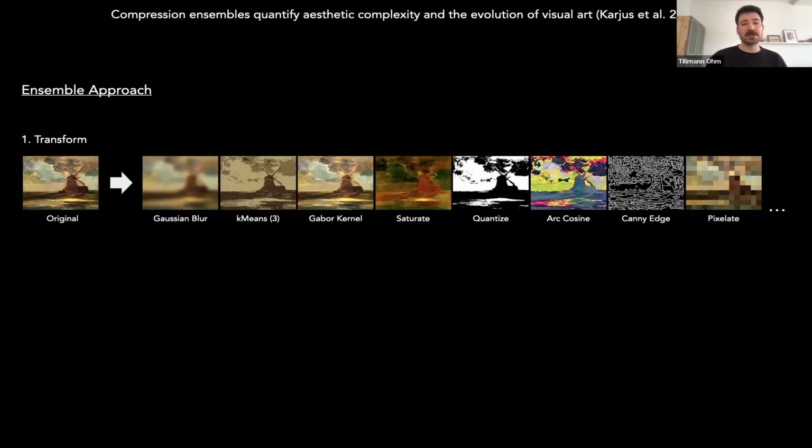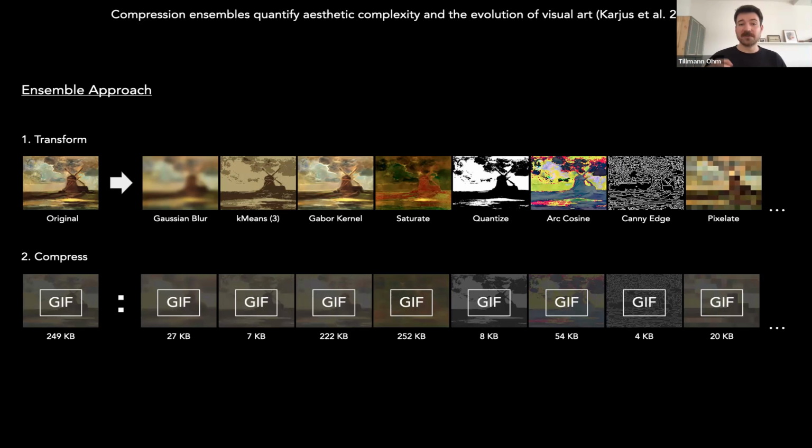So this ensemble approach consists of two main steps. First, an image is modified using a series of standard image transformations, for example, making it blurry, reducing the number of colors, extracting edges, and so on. Then second, we compress all of these new images by taking advantage of the compression algorithms in file formats such as GIF.